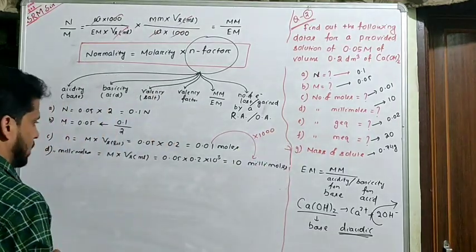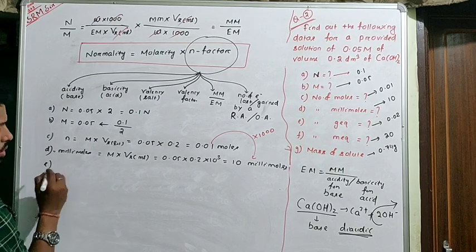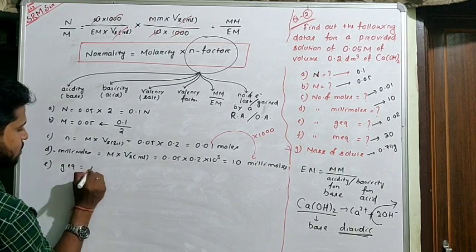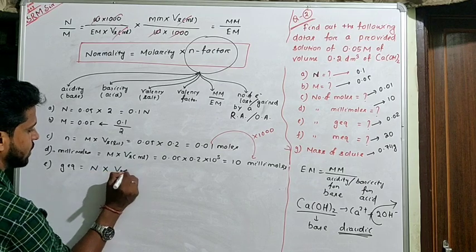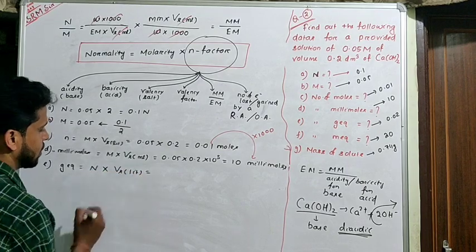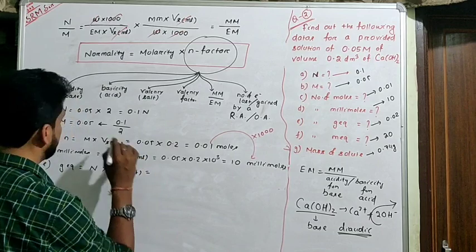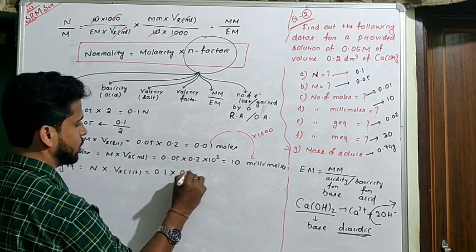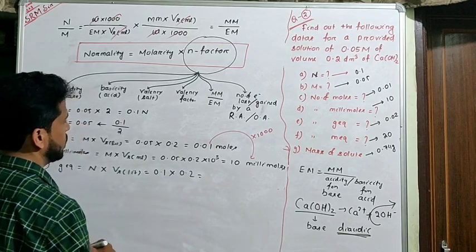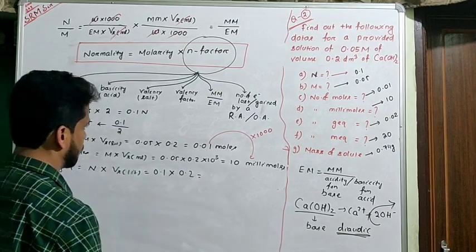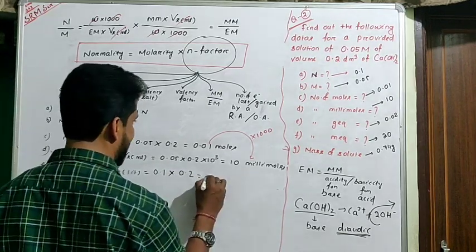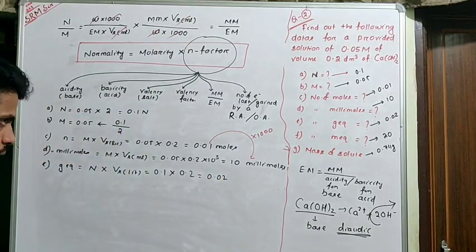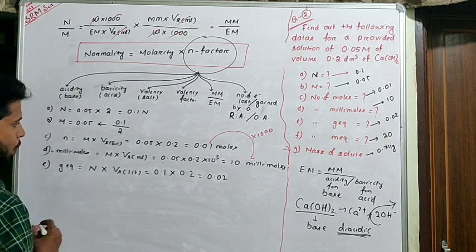Now E. Number of gram equivalents is normality into Vs liter. Normality is 0.1 into Vs liter 0.2, so 0.02 gram equivalents.